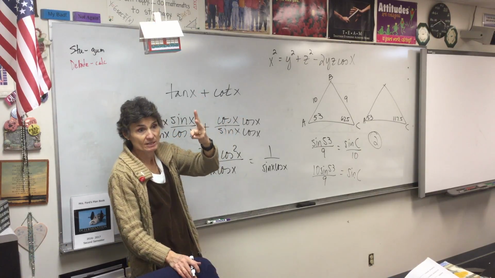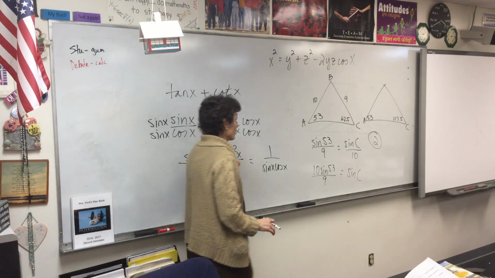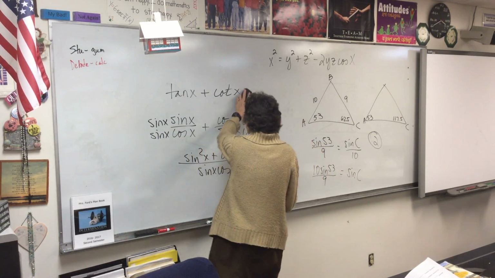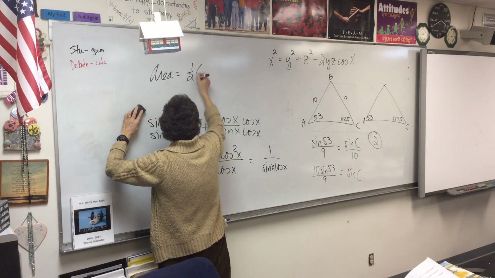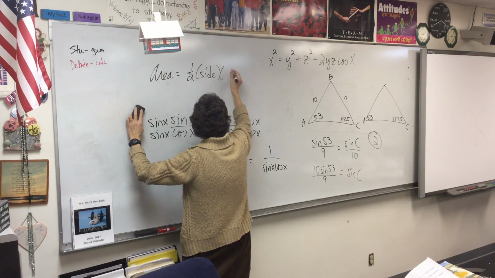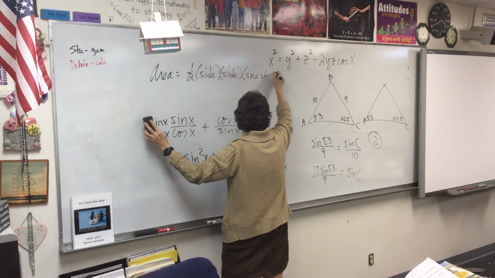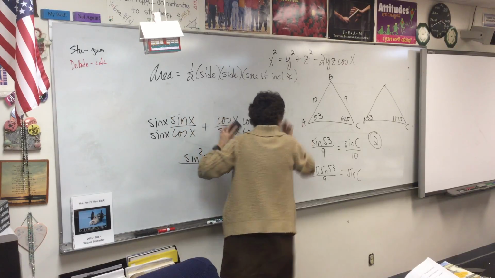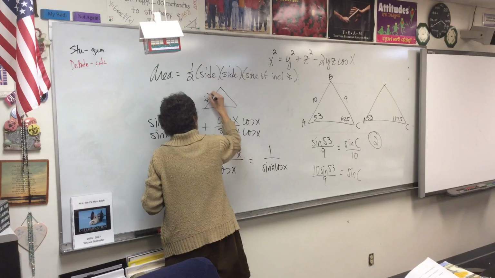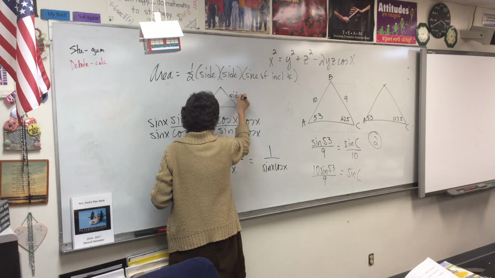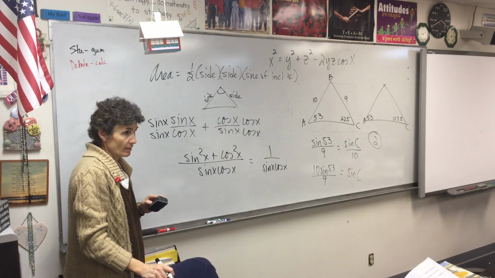Sines and cosines, obviously. We also need to know how to find the area of a triangle. One of our area formulas is 1/2 side, side, sine of the included angle. So you have a situation like this, side, included angle, side.